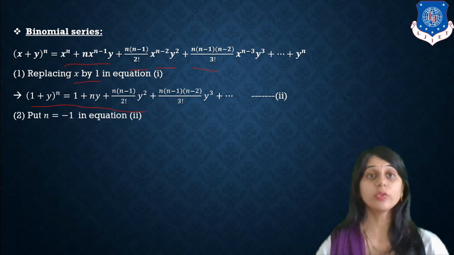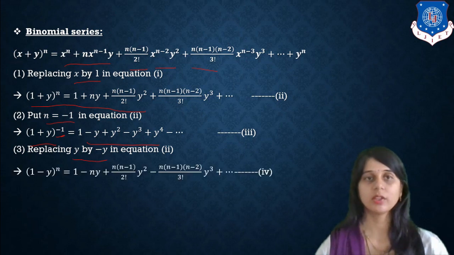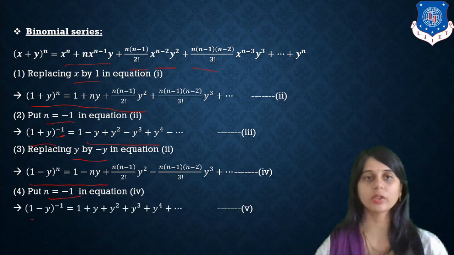If we replace n equal to minus 1, then we get the series of (1 plus y) raised to minus 1. Replacing y by minus y, we get the series of (1 minus y) raised to n. And replacing n equal to minus 1, we get the series of (1 minus y) raised to minus 1. Equations 2, 3, 4 and 5 are the most important results of the series formations.